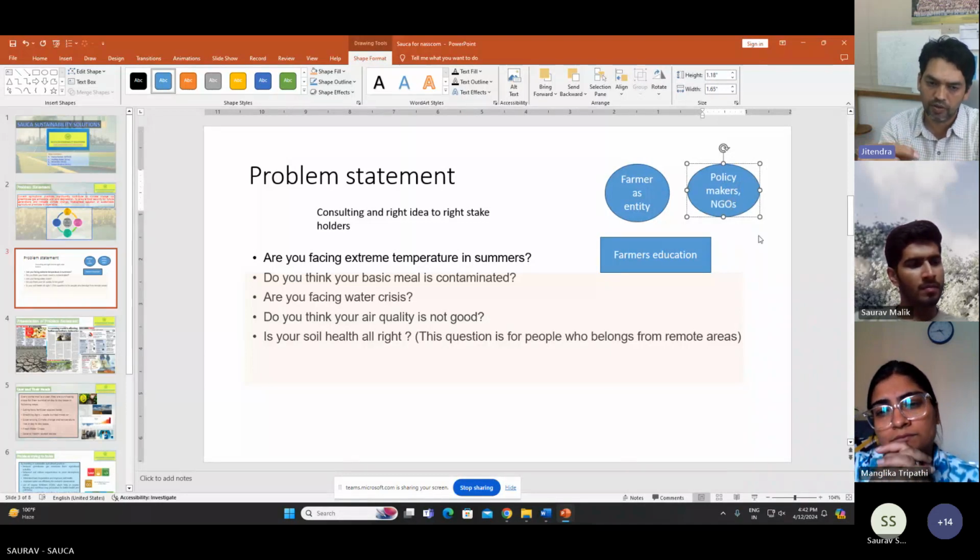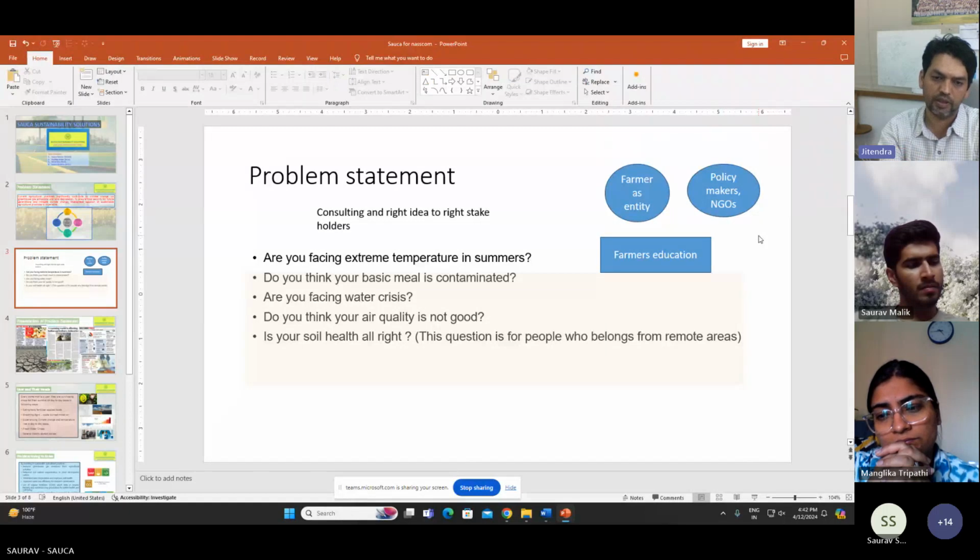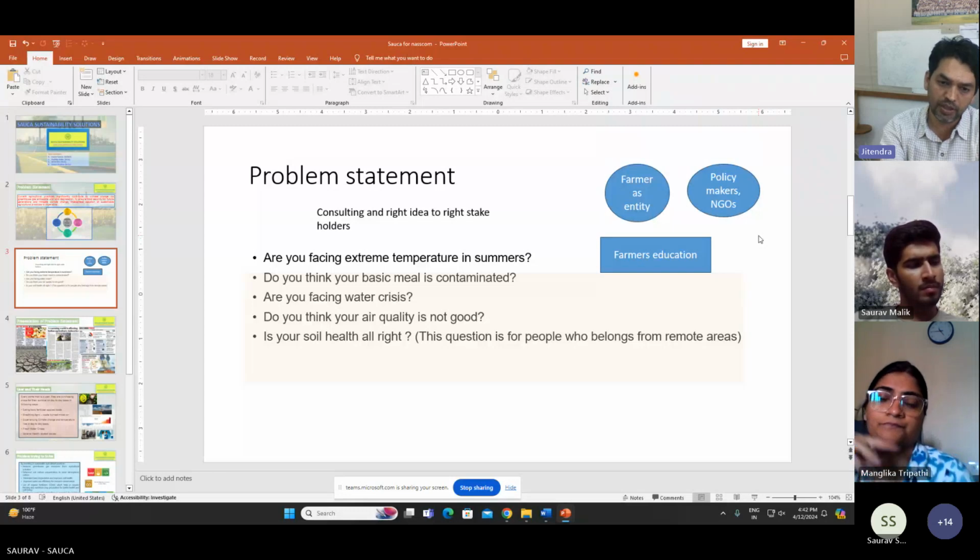Say, okay, farm related profits, or farm related waste, or protecting land, or conserving water, or air quality and associated factors.